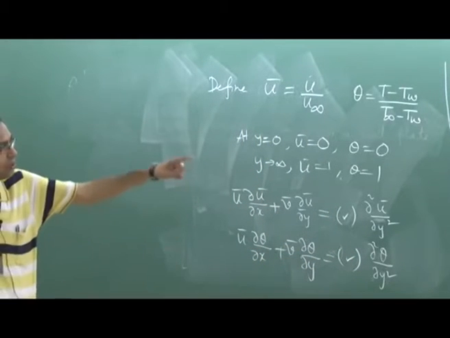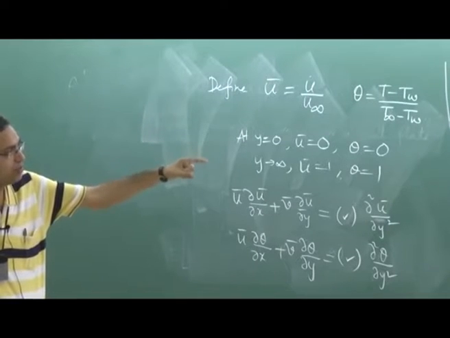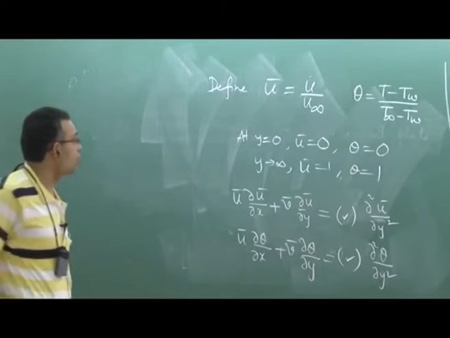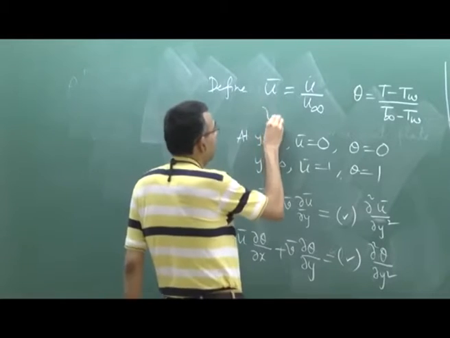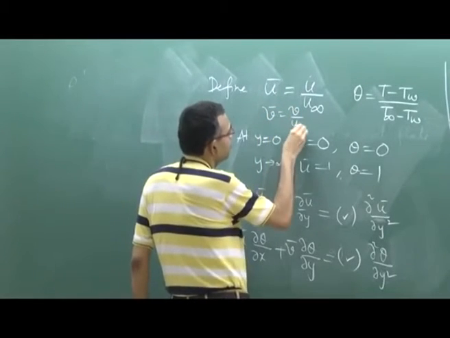So what you can do is you can change the variables from U. So you also define V bar is equal to V by U infinity.